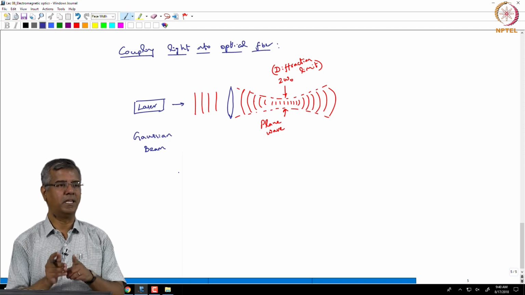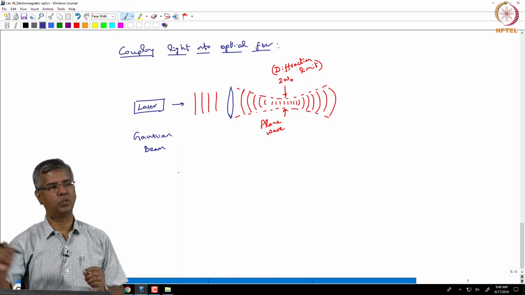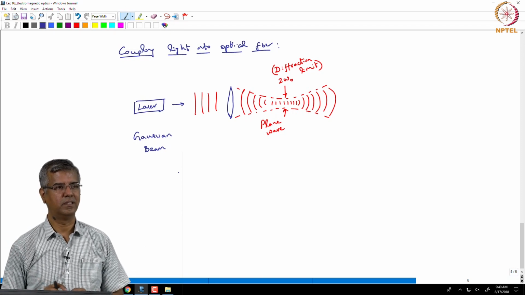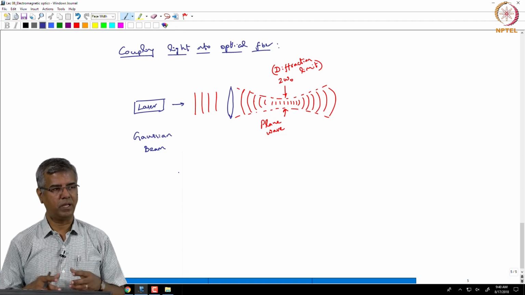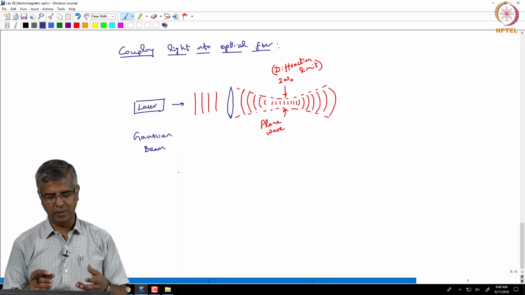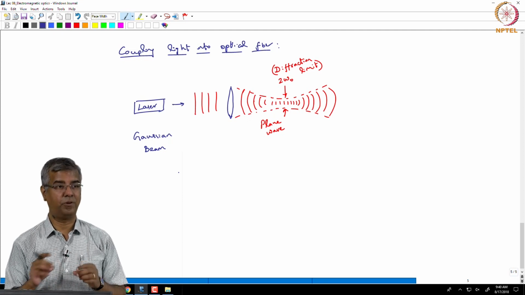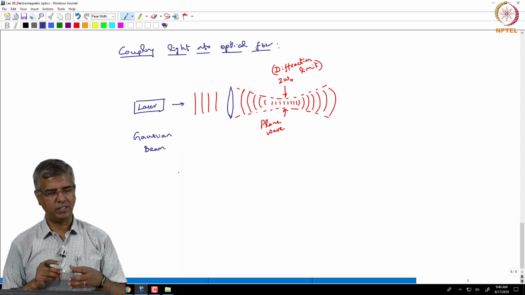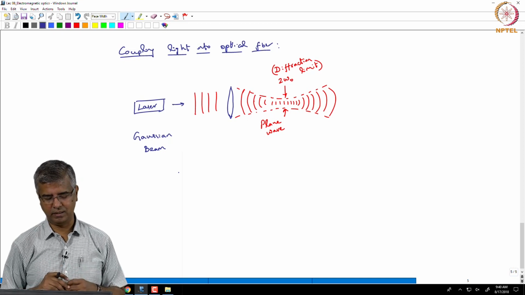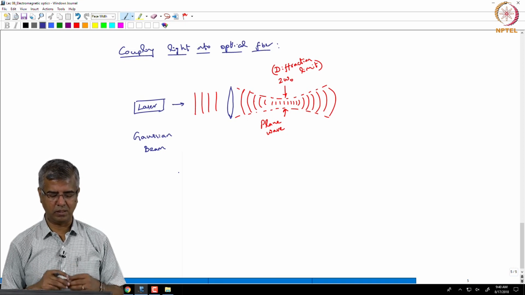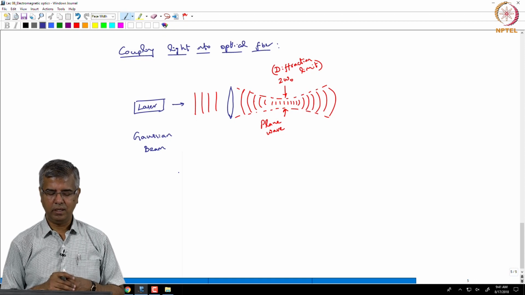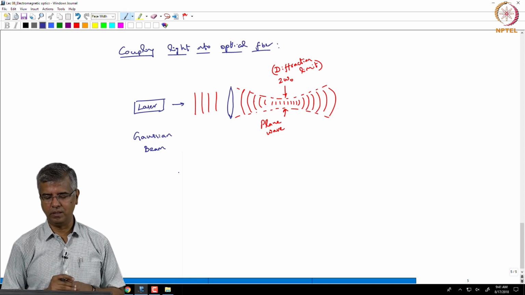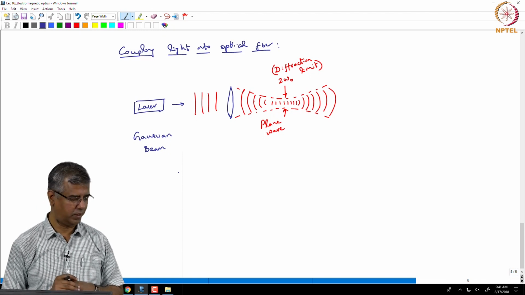It's got multiple angles, and only one of those angles is consistent with what is supported in the single mode fiber. So you cannot do that. Whereas if you have a laser which is emitting its fundamental mode, which happens to be a Gaussian beam, a fundamental solution of the laser cavity, then you can couple a lot of light into this optical fiber.